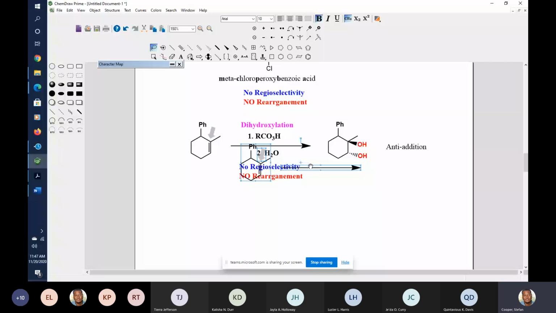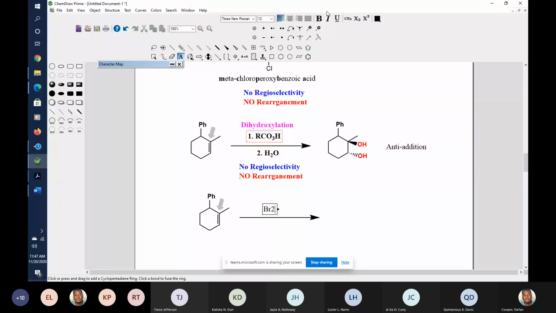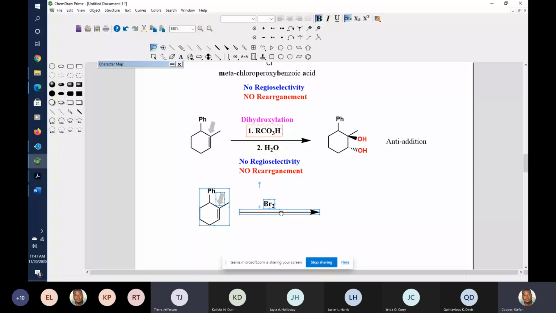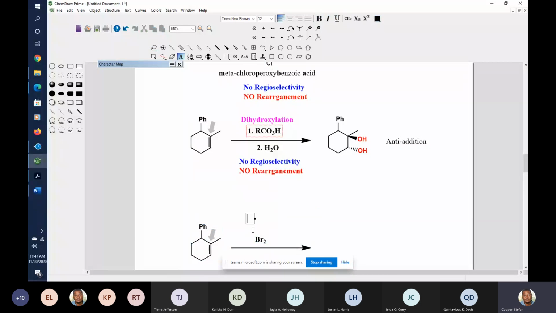Okay. Let's see what happens when we do Br2. All right, what's happening here? Can anyone tell me what type of reaction this is? Halogenation. Okay, very, very good. This is a halogenation reaction. What does that mean, halogenation? Anyone help me out? Addition of halogens.